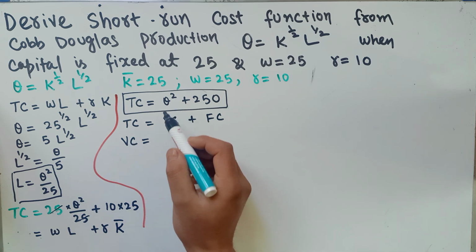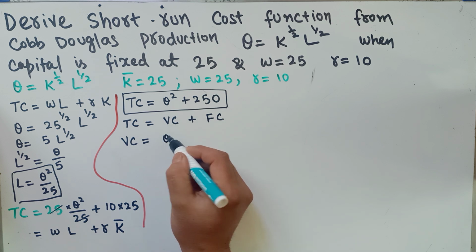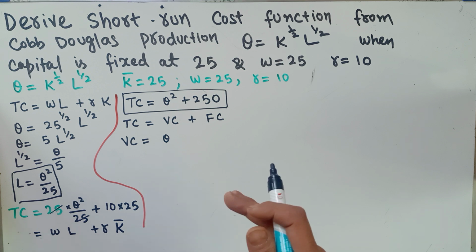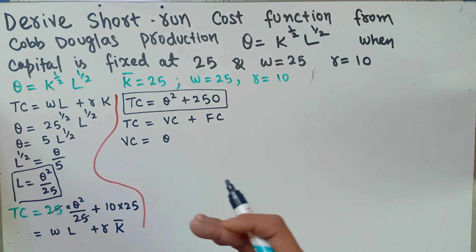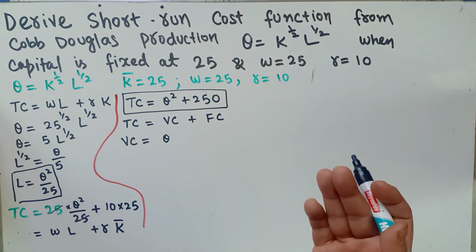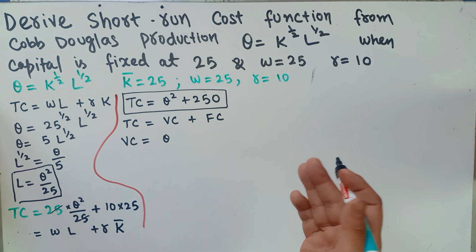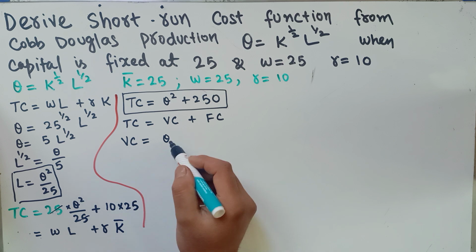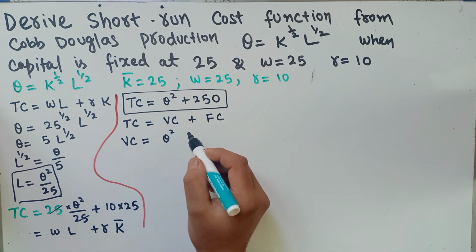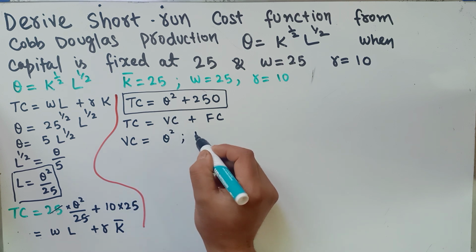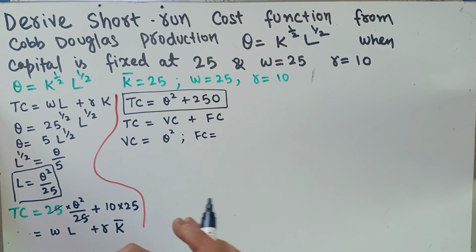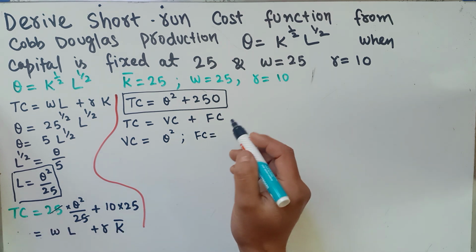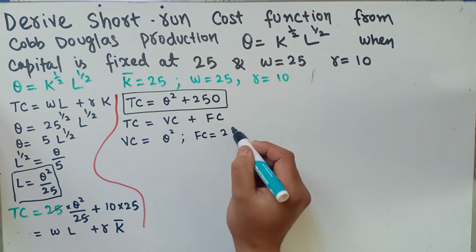So here variable cost will be Q squared. Variable cost changes with the output level. If you produce more output, more cost will be incurred; if you produce less output, less cost will be incurred. So variable cost is Q squared. And what is fixed cost? Fixed cost is that cost which does not change with the level of output. Whether your output is 0 or 10, it will remain the same, which is here 250.